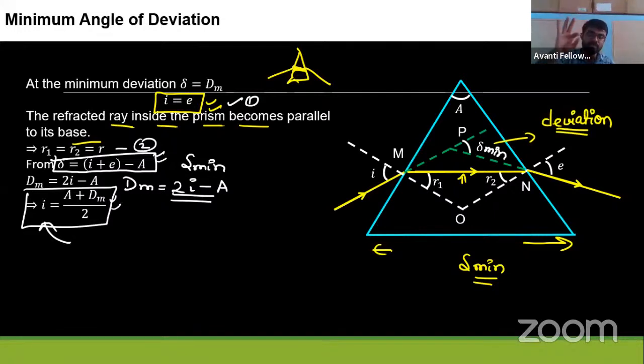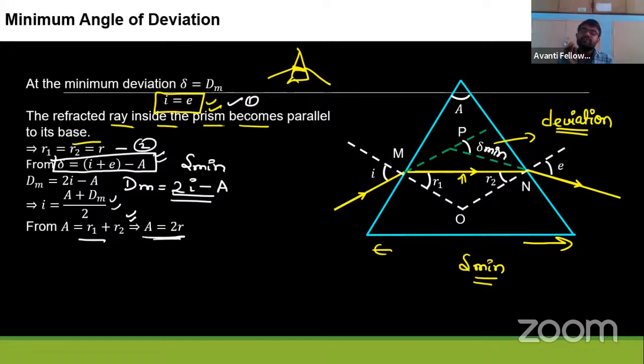If you want to keep this minimum, the ray inside, after refraction at the first surface, must be parallel to the base. This is the formula for that incidence angle. Now, we know the angle of prism equals R1 plus R2.